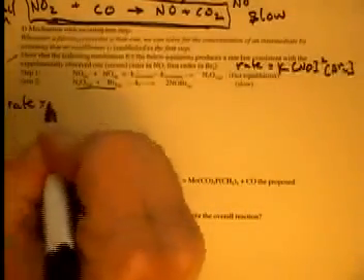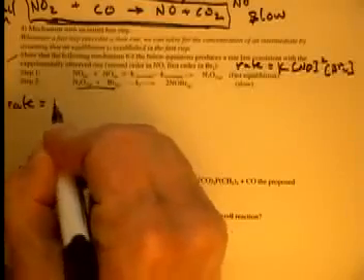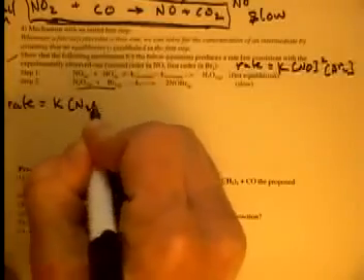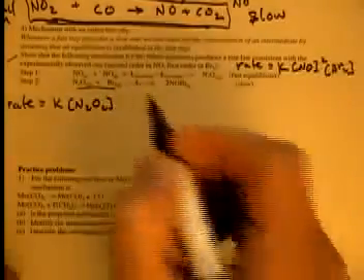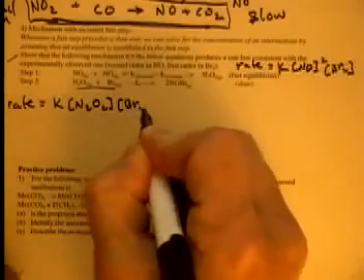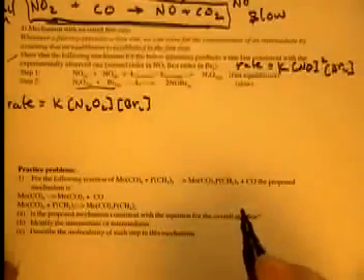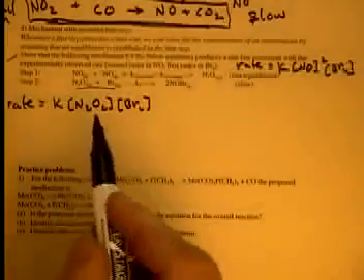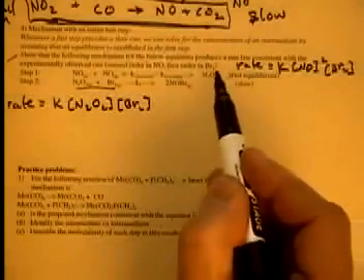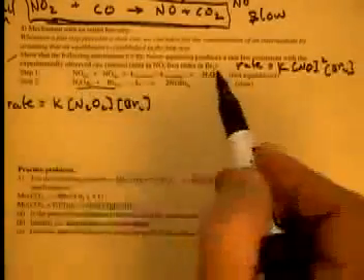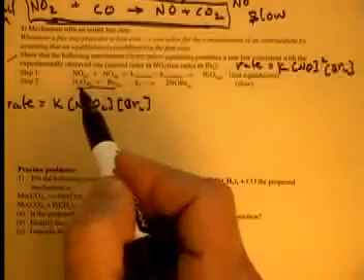Now, if I just would write the rate law for the slow step, which is what I'm supposed to do, I would write rate is equal to some constant K times the concentration of N2O2 to the first power times the concentration of Br2 to the first power. But the problem is N2O2 is an intermediate. See how it's going to cancel out? Because there's one here and there's one here.